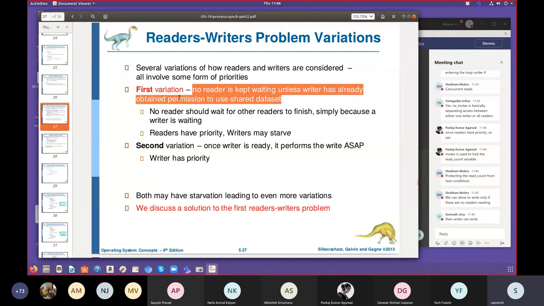But because we have taken this assumption, or I might say a constraint, or the condition that we have decided to go by in this first variation of the readers-writers problem, we need this variable read count to understand how many readers are wanting to read from the data. Because a writer should not be allowed to write in the shared data if some readers are waiting already.